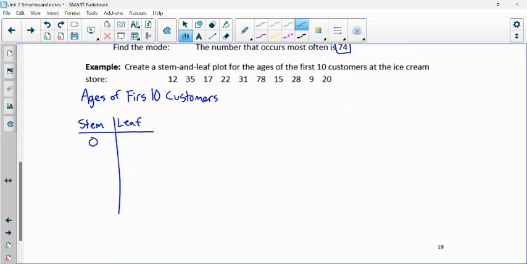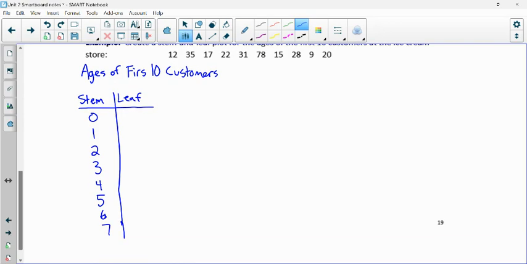And then there are people in the tens or teens. There's people in the 20s and the 30s. And then the highest it gets to is in the 70s. So I'm going to go all the way down to a stem of 7. And now I just start going through my data.